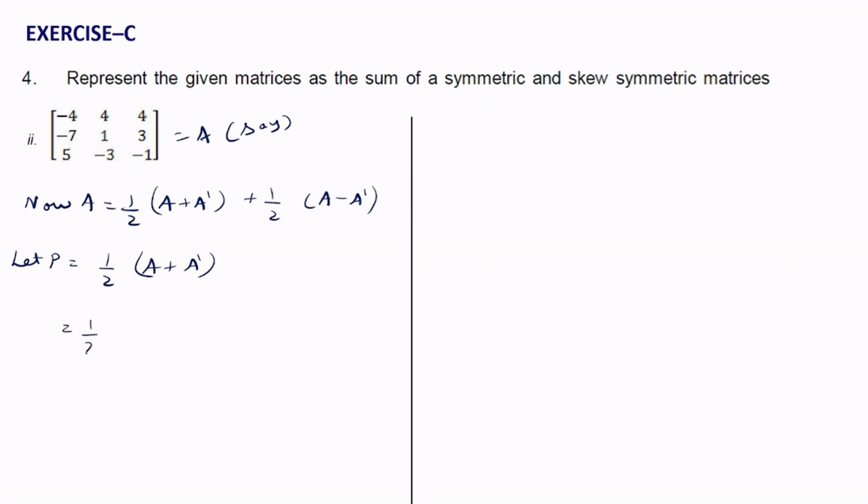So it is half of A, which is the given matrix, plus A transpose, where the rows become columns.